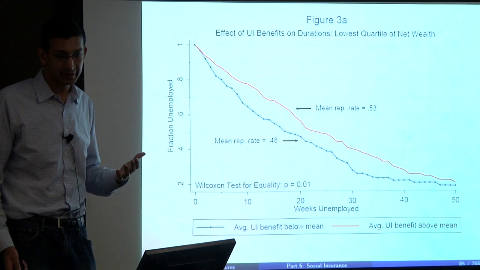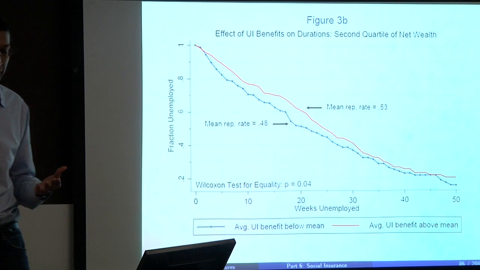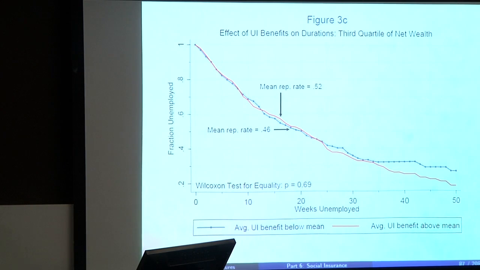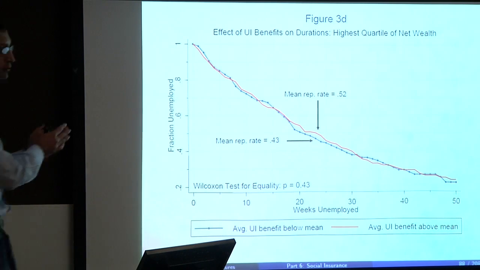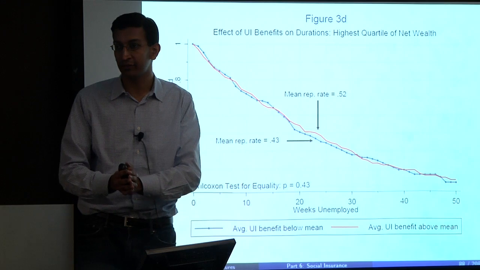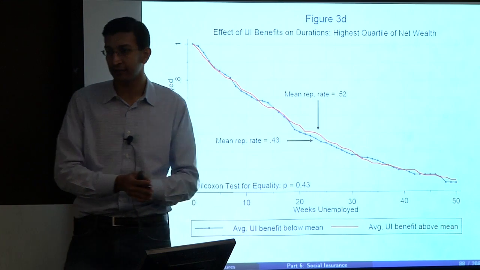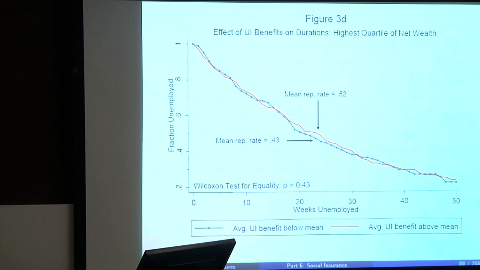So now replicate this analysis for people in the second quartile of net wealth, the third quartile of net wealth, and the highest quartile of net wealth. And you can see that the effect of unemployment benefits on durations that Bruce and others had identified in the past is driven to a very large extent by people who have no money, who have no assets when they lose their job.